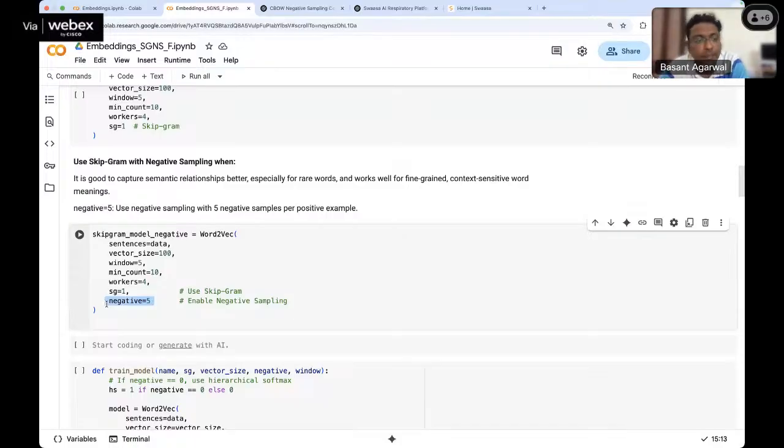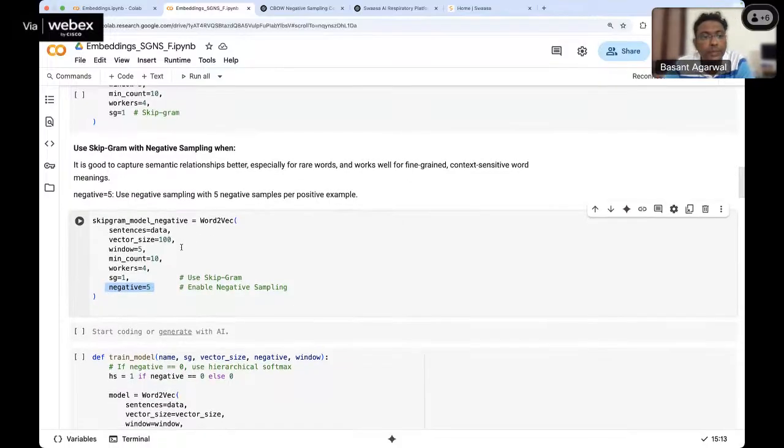So this will automatically create positive samples as we discussed, and for each positive sample, it will create 5 negative samples by taking the target word and non-contextual words. By this, it will create input-output pairs and then implement the skip gram with negative sampling.